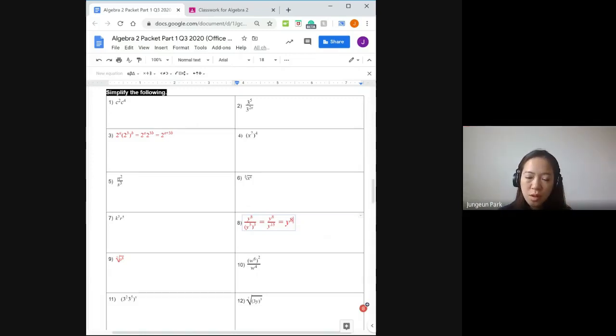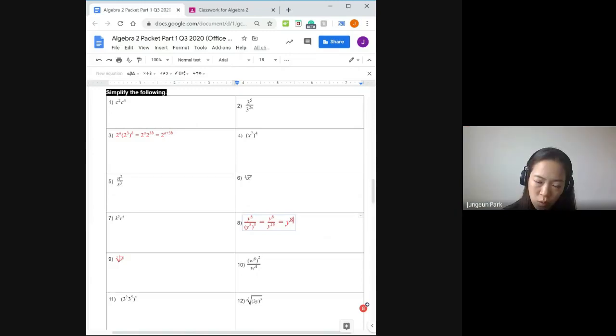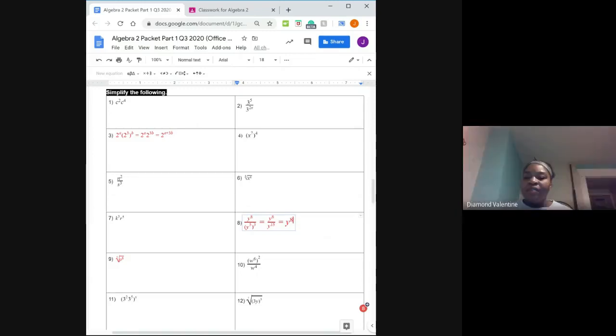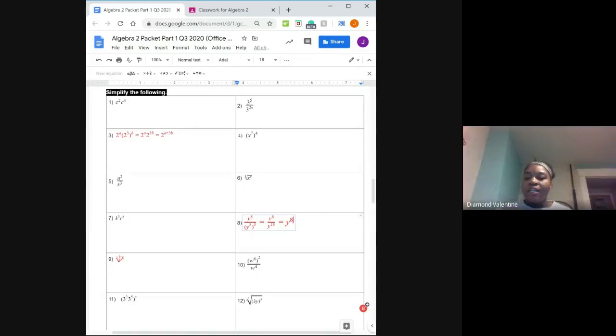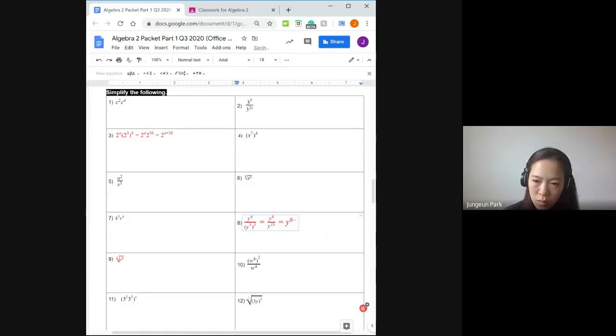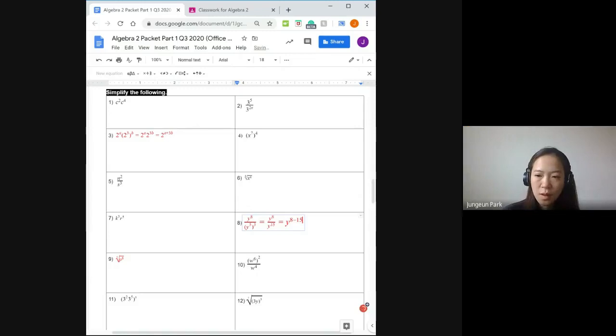Okay. Which one is on the top? 8. And which one is in the denominator? 15. Okay, so what should come first? 8 or 15? 8. So 8 minus what? Minus 15. Okay, what does that give you then?